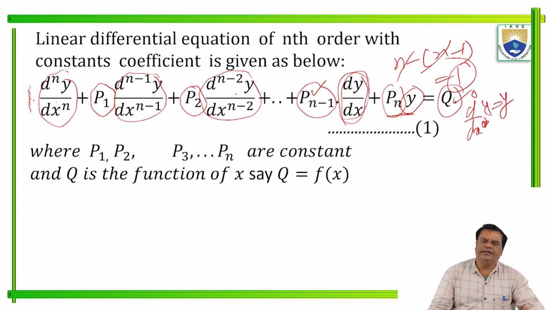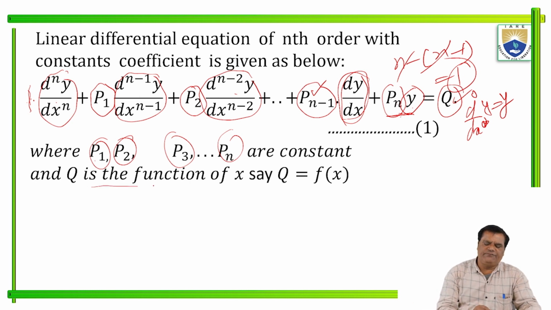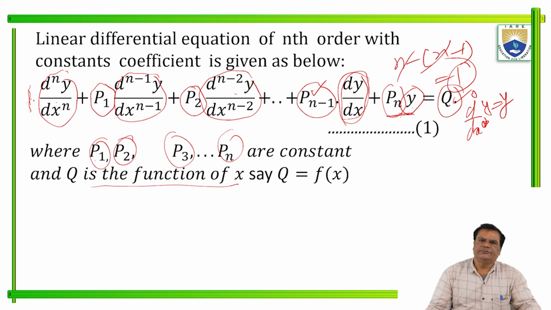This is known as a linear differential equation of nth order with constant coefficient, where p1, p2, p3, ..., pn are constants and Q is a function of x, say Q equal to f(x).